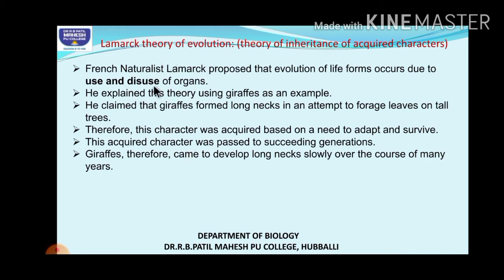As the neck was continuously being stretched by the giraffes to forage the leaves on the tall trees, in the further generations they acquired that character, that is, the long neck was acquired by the succeeding generations, okay?